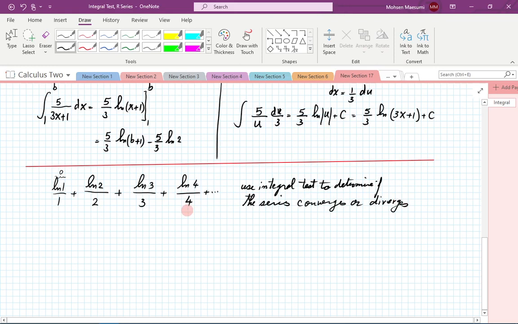In this case, the formula for the term of the series is not given to you, but it's rather obvious what is intended here. By consensus, we say we are calculating logarithm of n over n. Now again, if you want to start at 1 or at 2, it doesn't make any difference here.